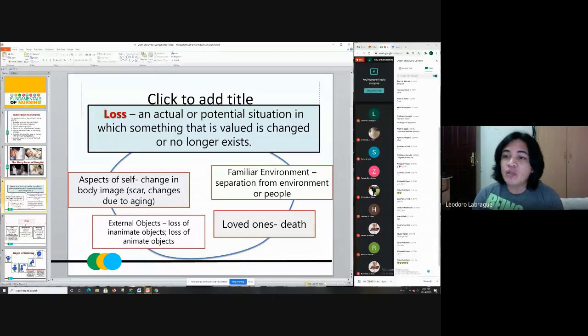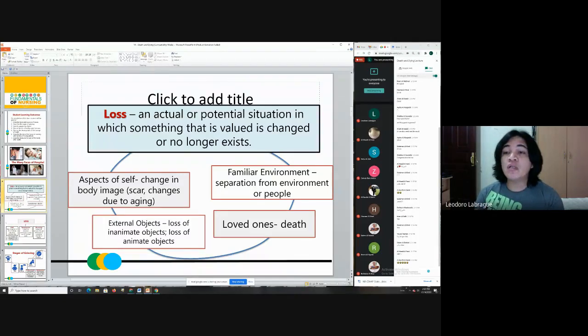I know even with ordinary people, we experience a certain degree of loss. I know even you yourself, you have experienced someone who died before. But the book says that loss as a potential and actual situation may not necessarily be the death of loved ones.